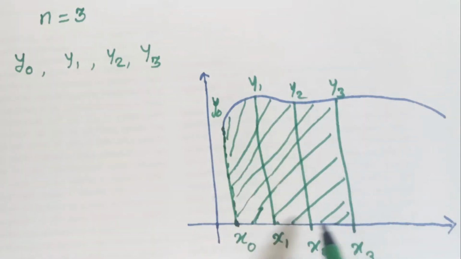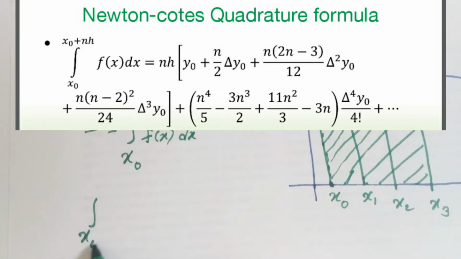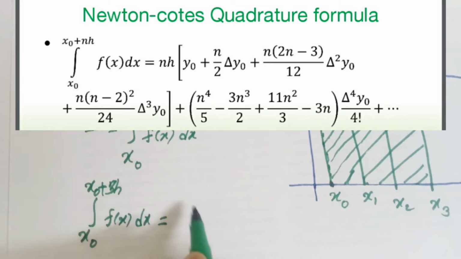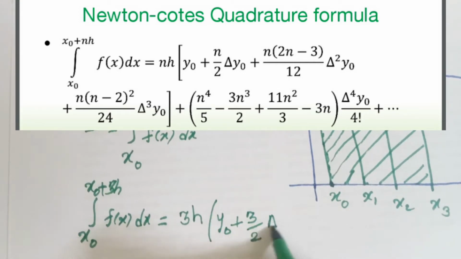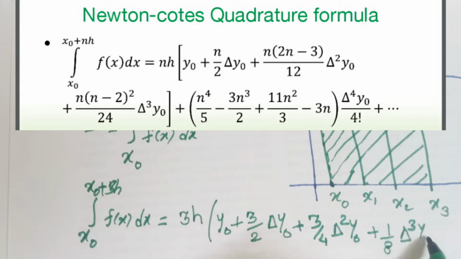Now putting these values in Newton's Cotes quadrature formula, we get the integral from x0 to x0 plus 3h of f of x dx equals 3h in bracket y0 plus 3 by 2 delta y0 plus 3 by 4 delta square y0 plus 1 by 8 delta cube y0.